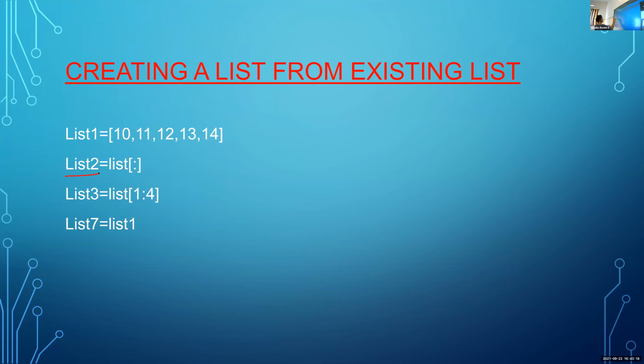Here it is list1. Just rewrite list1 colon. Here also list1 colon 4. Here it is list1, only list1. Okay. So the first statement is list2 is equal to list1 within square bracket 1 colon.